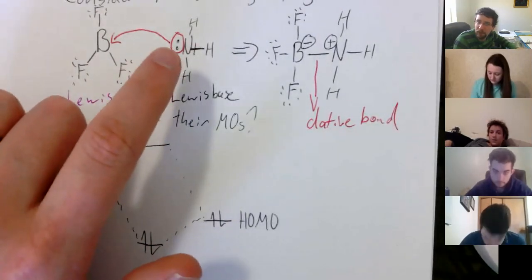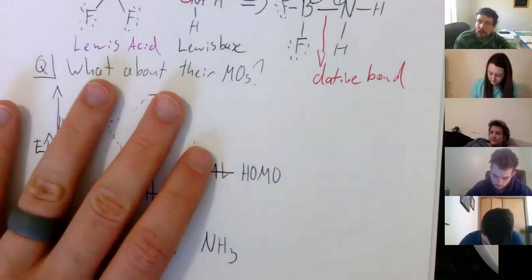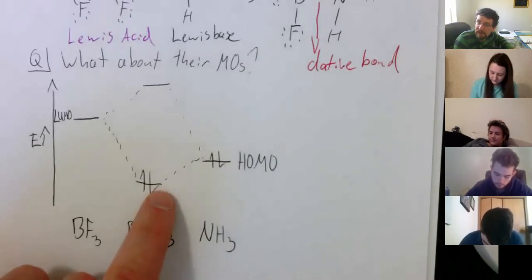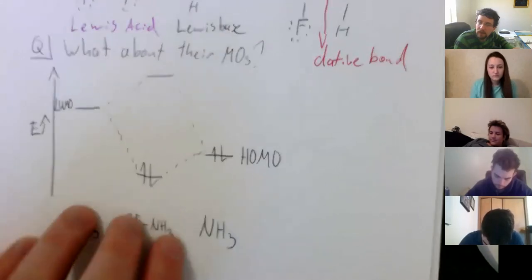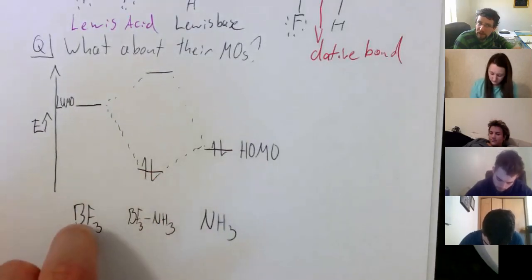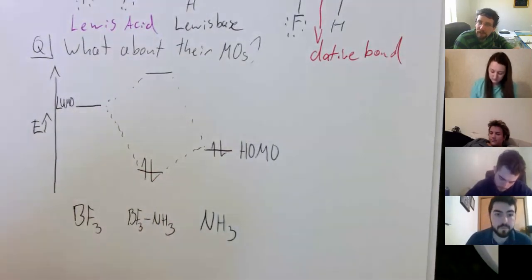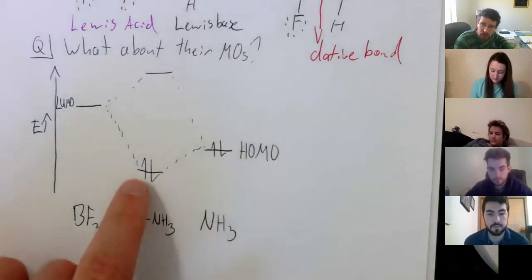It went from the nitrogen to the boron, right? So what's going to happen in this case? Or how do we know charge is going to go to that BF3 based upon this drawing? It's lower in energy. Lower energy, yep.